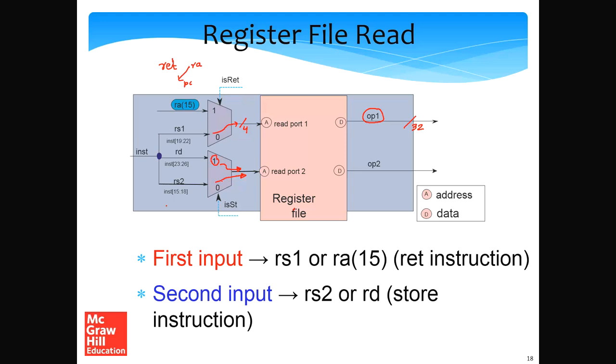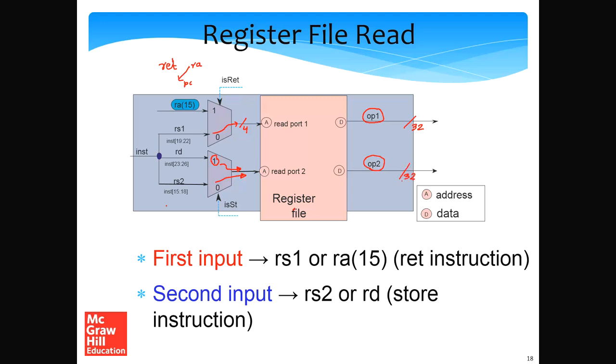Doing a little bit of extra work in the name of simplicity is still fine. So the second input can either be RS2 or RD. To take store instructions into account, we read the value, which will be a 32-bit quantity, that we shall henceforth refer to as OP2.